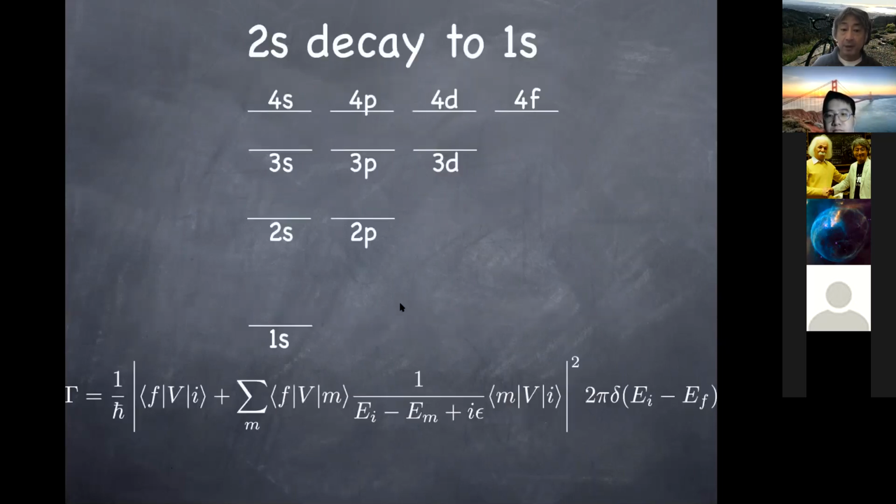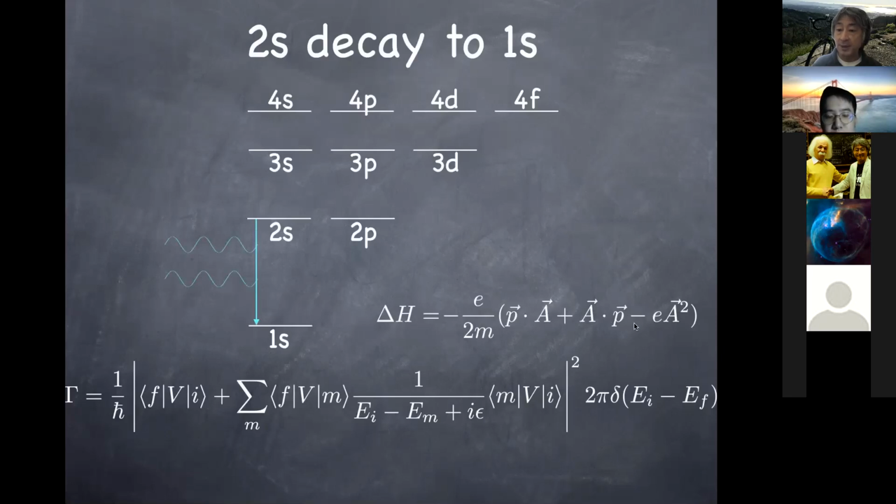Good. So as we advertised, this is something we can now apply to the decay of the 2s state to the 1s state using this Hamiltonian. And as I said already, I use different parts of this interaction Hamiltonian differently. The last piece is used in this first order expression, and the first two terms are used in the second order term, to get both terms consistently.